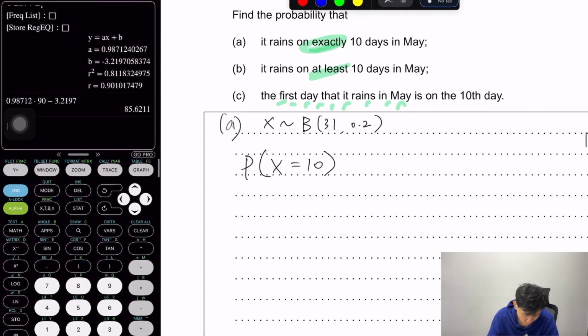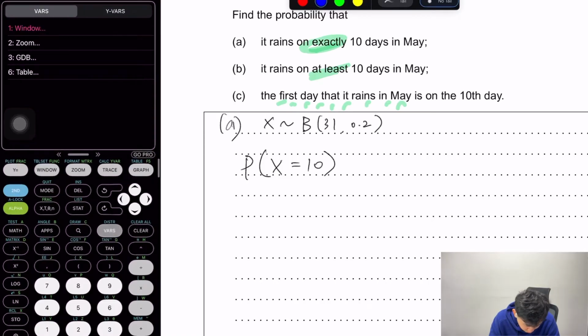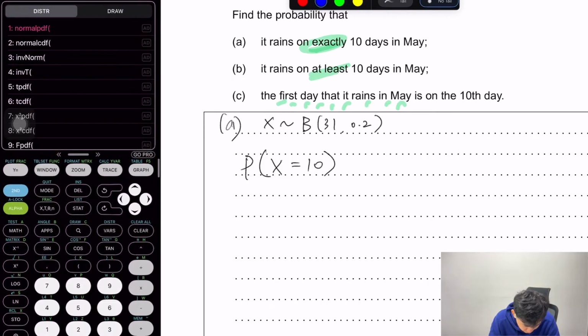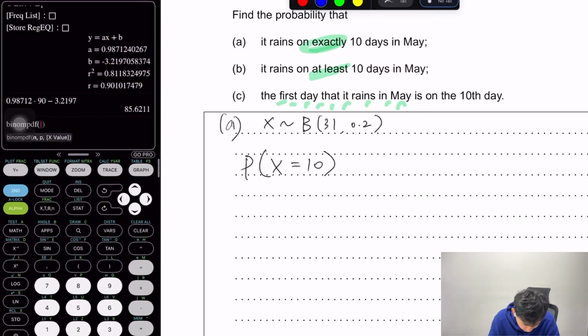In this case, we go back and then find the binomial PDF. Binomial PDF. All right. This is the particular point that we're looking for, which is what, the n.